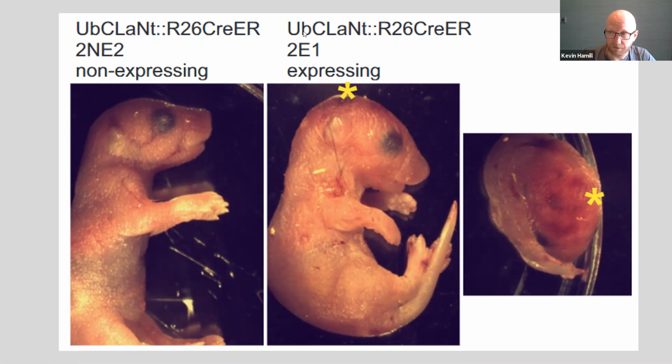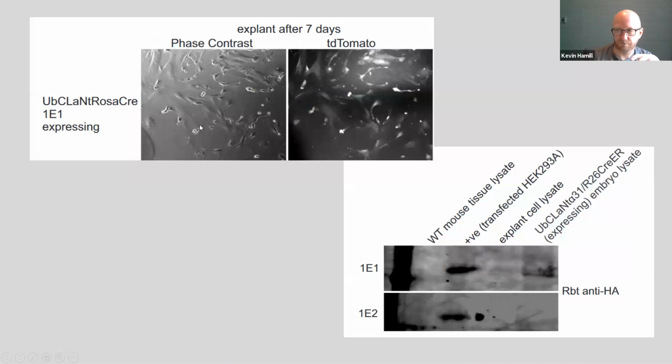Obviously, these are now labeled expressing and non-expressing, but that needed to be confirmed. So we have confirmed that with cells in the dish that were explanted from the animals, showing that they have the tdTomato being expressed. We have the blot, whereas an explant from an alive animal was fine, the explant from the expressing embryo expresses the protein.